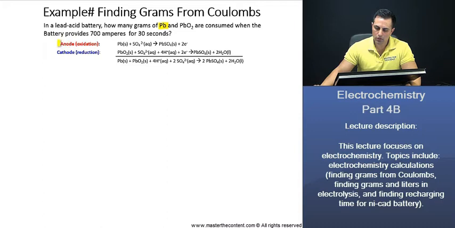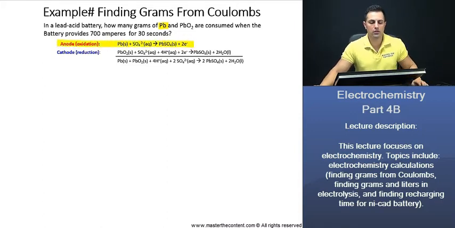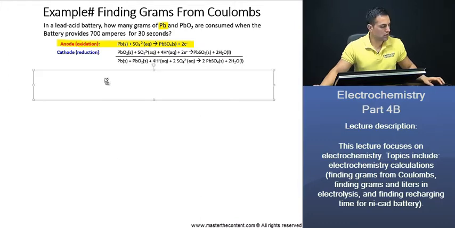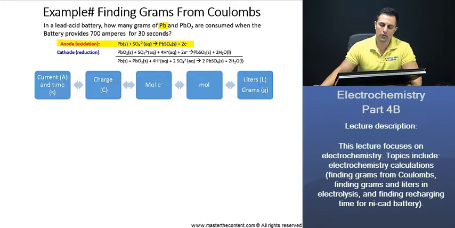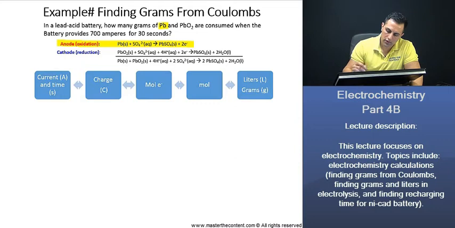All right. We will be taking a look at this reaction here. How are we going to do that? Well, we can just use our conversion map that we talked about. If we take a look here, we're looking for grams, and we have 700 amperes for 30 seconds. We're here and we're looking for grams, which is over here. That tells us that's going to be 1 conversion, 2 conversions, 3 conversions, 4 conversions.